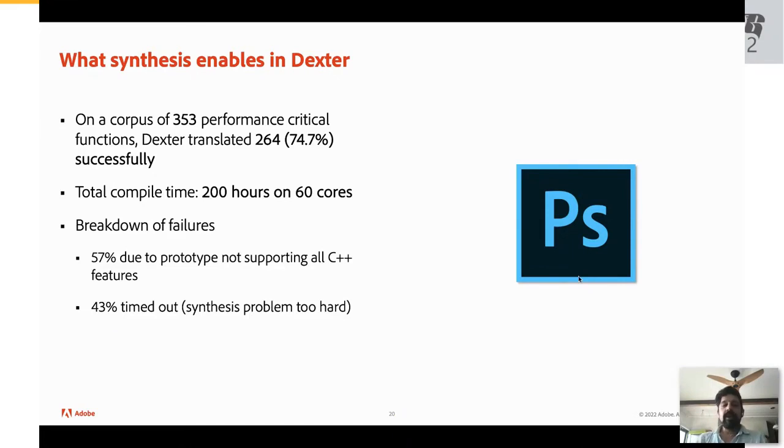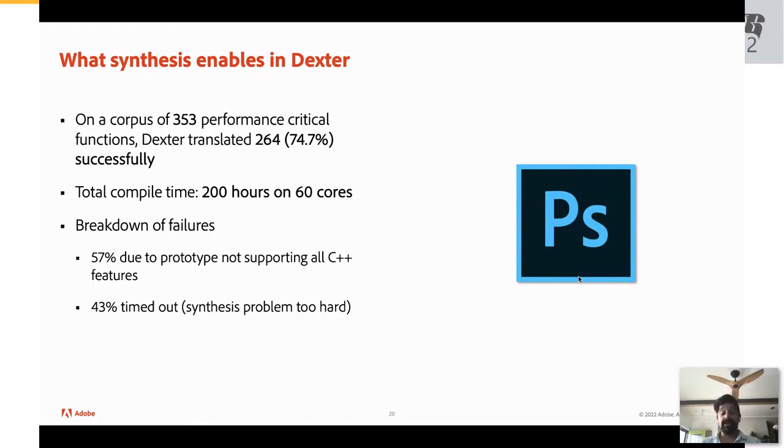So, what happened for the ones that we were not able to translate? 57% of those were just due to our prototype not supporting all C++ features. Some of these things used structs and other kinds of C++isms that our fairly simple C++ parser couldn't really deal with.